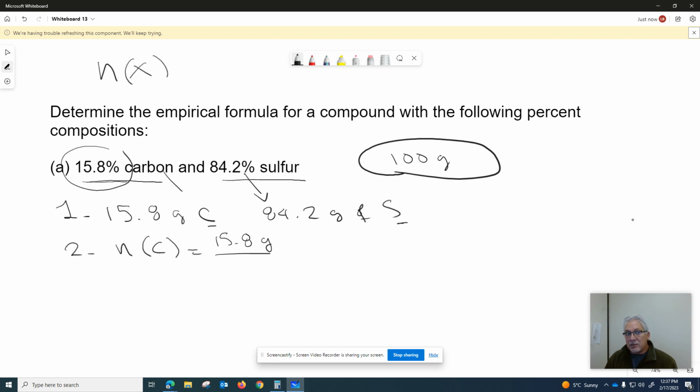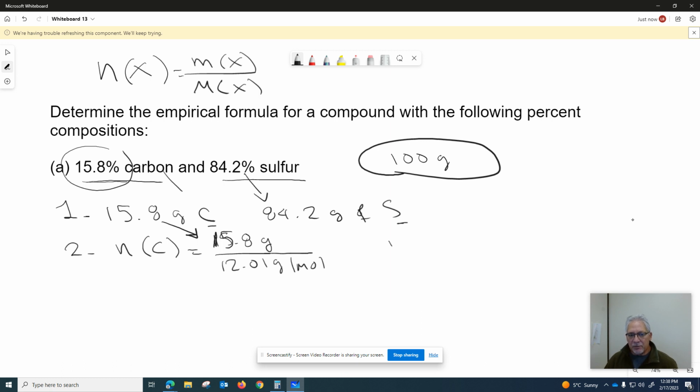Number of moles of substance X, a substance that I don't know, will be the mass of the substance over the atomic mass when there is an atom, or molar mass when you have a compound. So what I'm doing here is writing the mass, and I will divide over the atomic mass of carbon, which is 12.01 based on my periodic table that I have here, and that will be grams per mole.